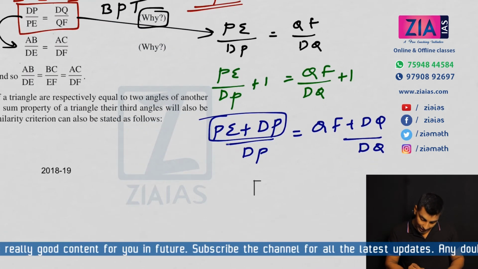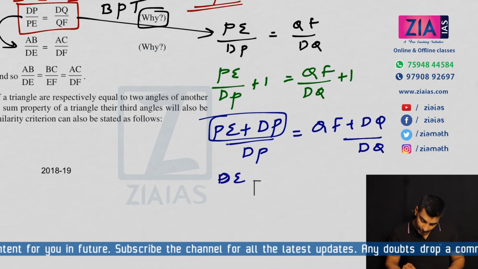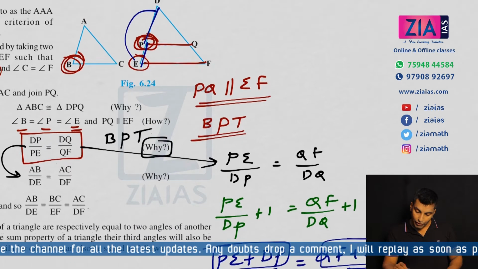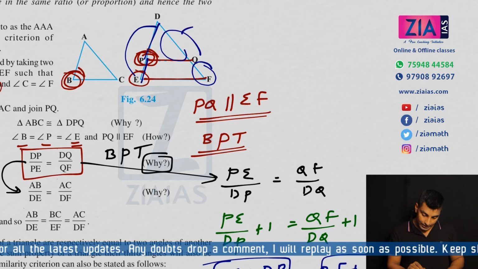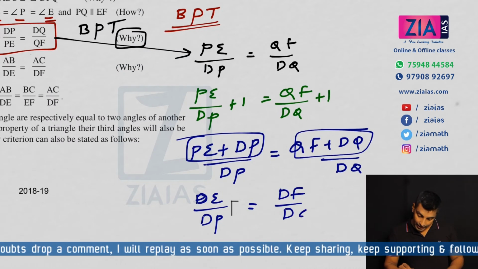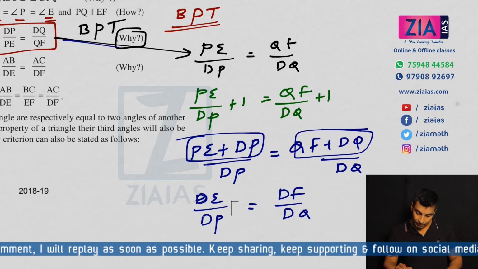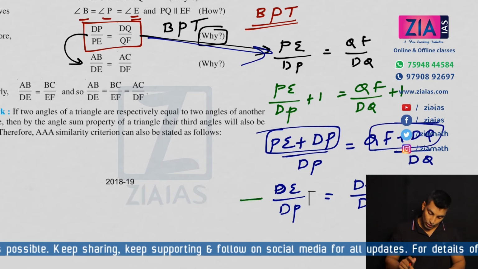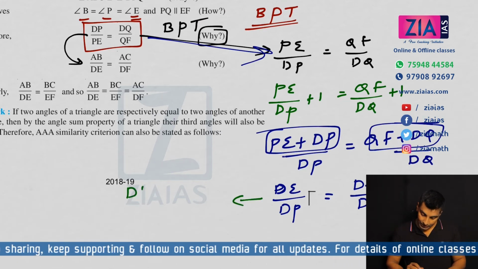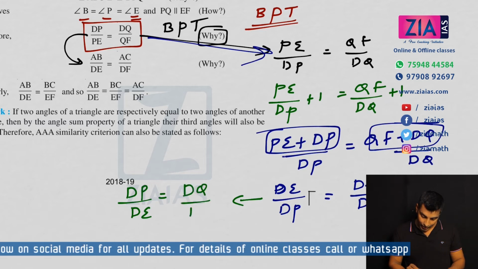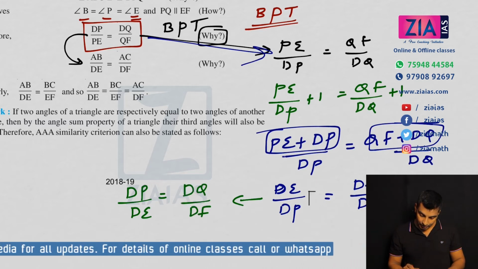So you can write DE divided by DP equals, what is QF plus DQ? QF is this, DQ is this, so together that is DF. So DF divided by DQ. Now let's re-invert it. Then you will get DP divided by DE equals DQ divided by DF.